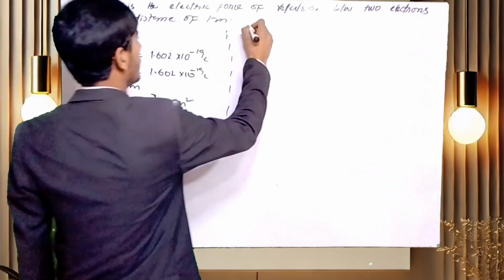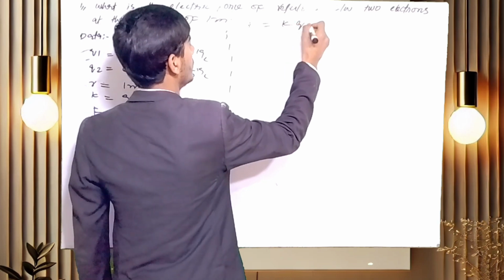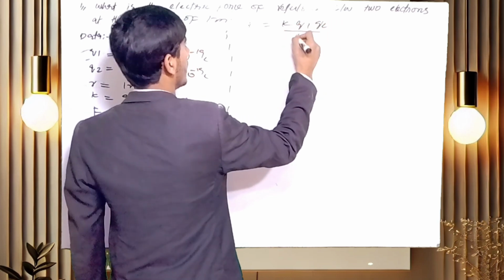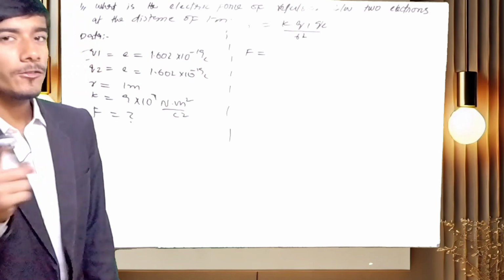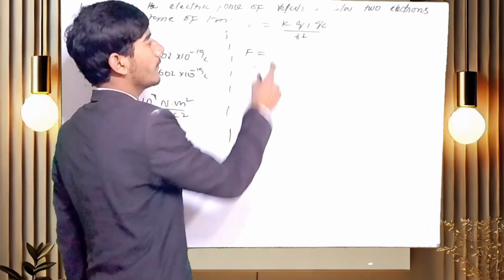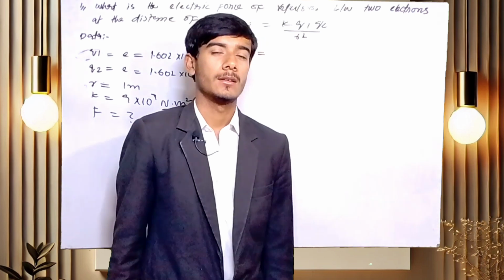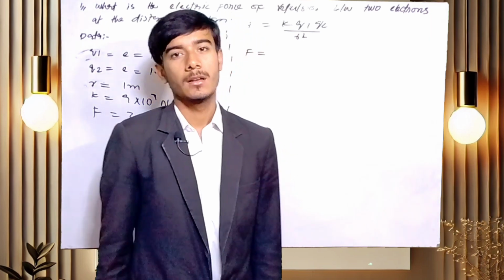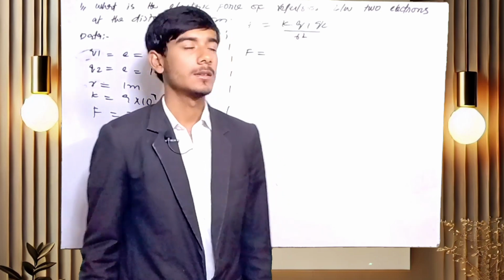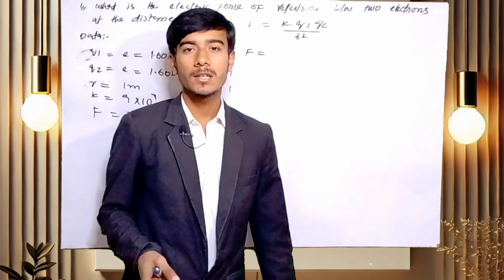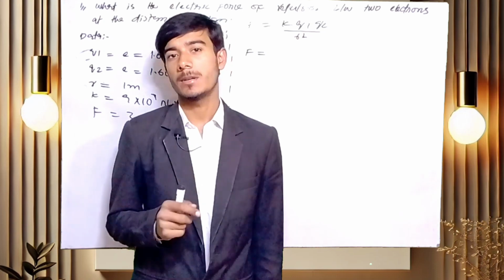Now we are going to solve it. The formula is F is equal to K Q1 Q2 divided by R square. Now what is the value of K? K is Coulomb's constant, which is equal to 1 upon 4 pi epsilon naught, where epsilon naught is the permittivity of free space, and epsilon R is the relative permittivity.